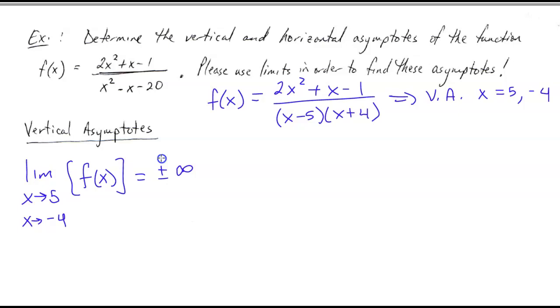Okay. And so by evaluating the limit of this particular rational function and getting either positive or negative infinity when x is approaching a specific real number, we know at that point in the language of calculus that we have a vertical asymptote.